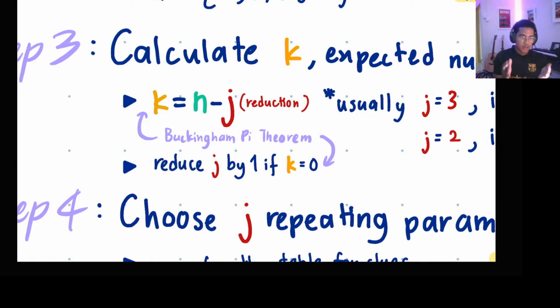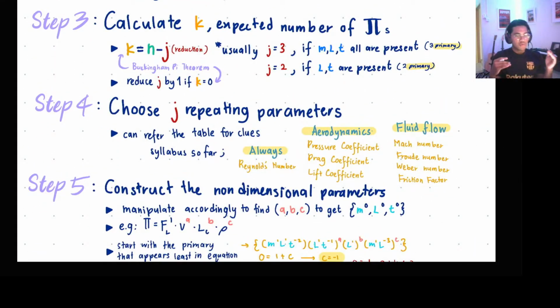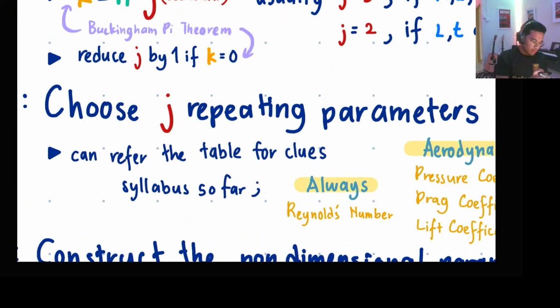For let's say we have n equals 3, the j is also equal to 3. So 3 minus 3 is 0, so we cannot find k. Okay, so now step 4, which is choose j repeating parameters. Oh, wait, hold up.